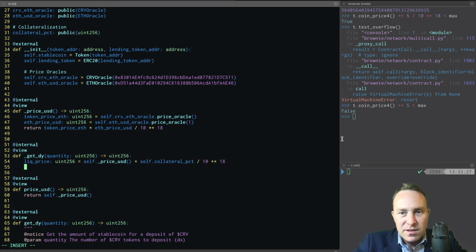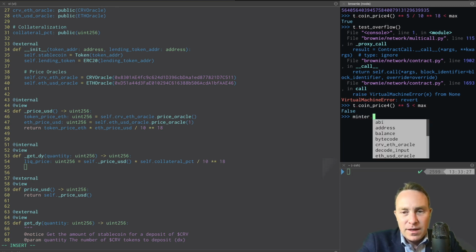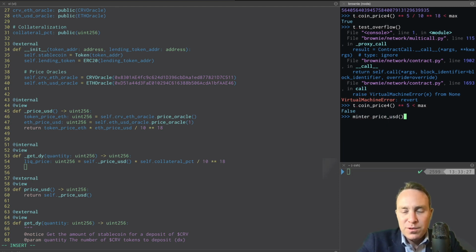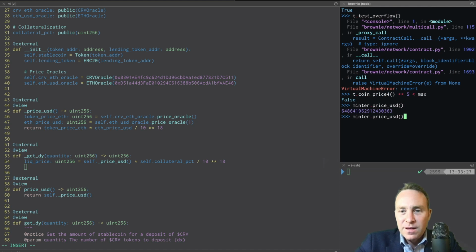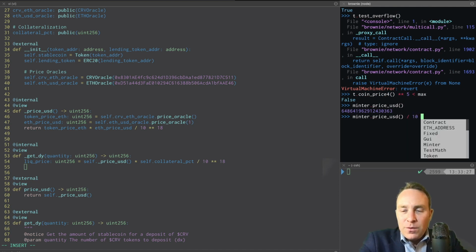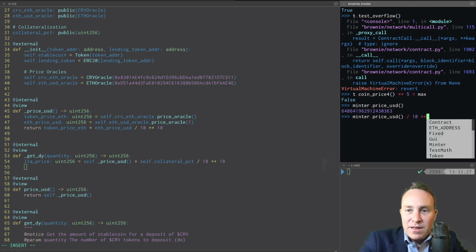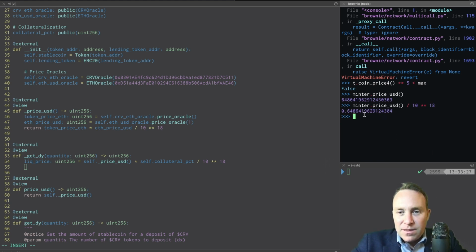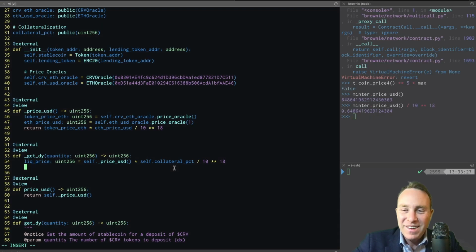So our price USD, if we call this the minter, you can see the current price being returned is one of these big numbers, but divide by 10 to the 18th, and it makes sense, 64.8 cents. If you're watching this in the future, you might be wondering what's going on. It's been a crazy period in crypto here.